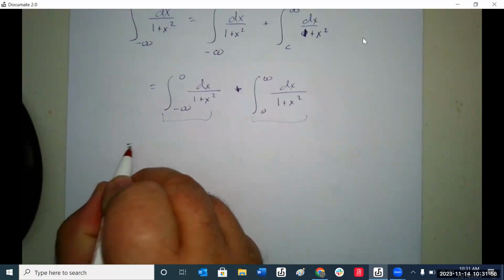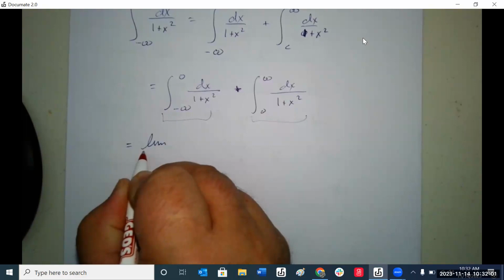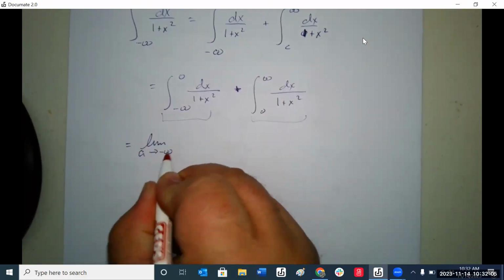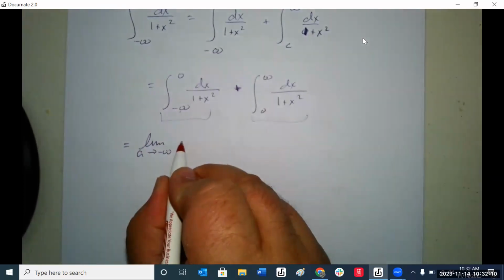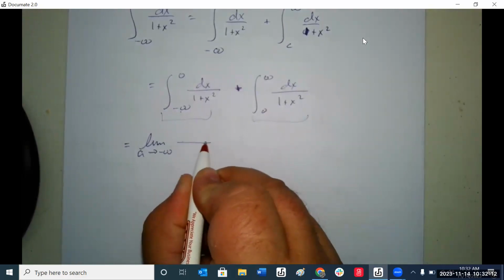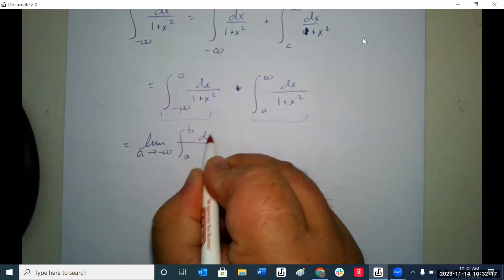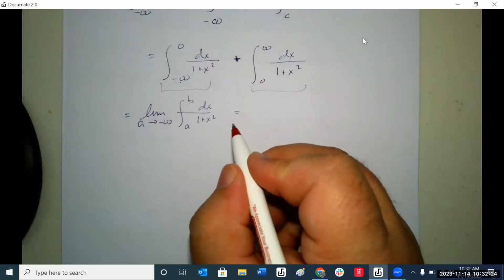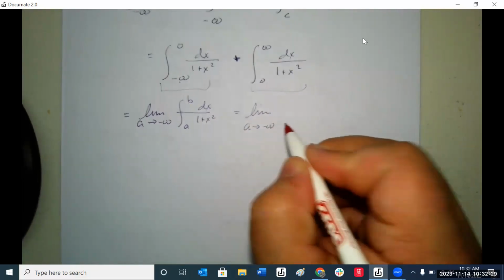So this one here becomes the limit as we change for A, A goes to negative infinity. The limit as A goes to negative infinity.